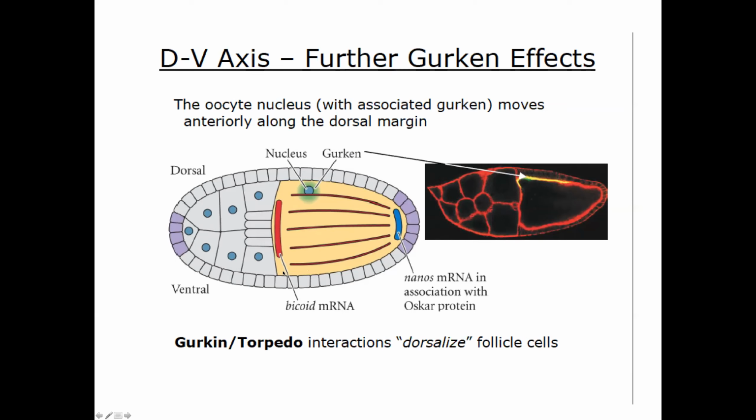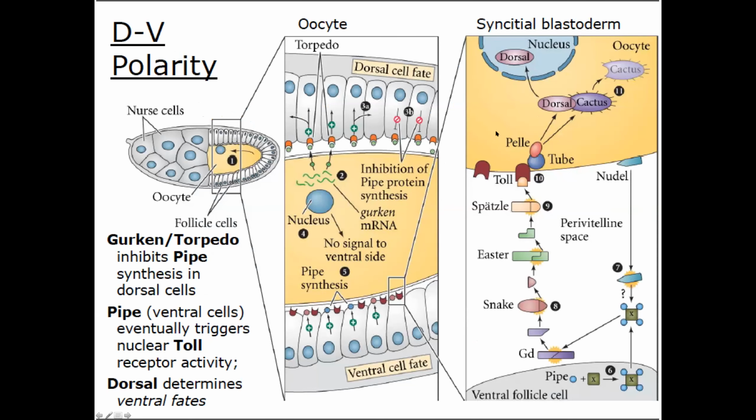When fertilization happens, the ventral cells of the embryo have to be told you are the ventral cells, and that happens through the signaling coming from the ventral follicular cells at the time of blastoderm formation. Maybe if I go over the pathway, it will become more clear.